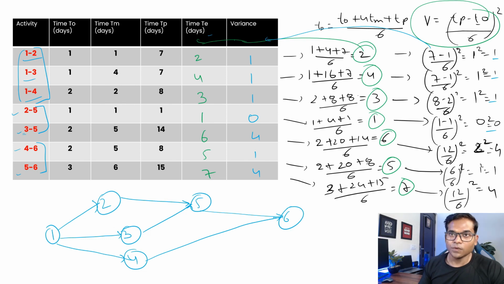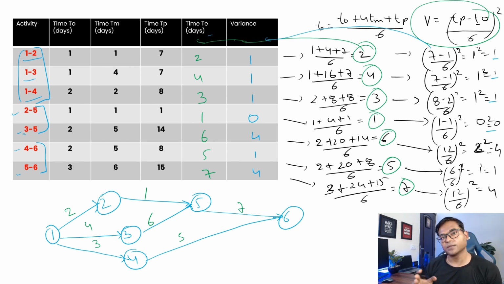Right, so for 1 to 2 the duration is 2, 1 to 3 the duration is 4, 1 to 4 the duration is 3, and 4 to 6 is 5, 5 to 6 is 7, 3 to 5 is 6, and 2 to 5 is 1. Okay, so now we got our network diagram.